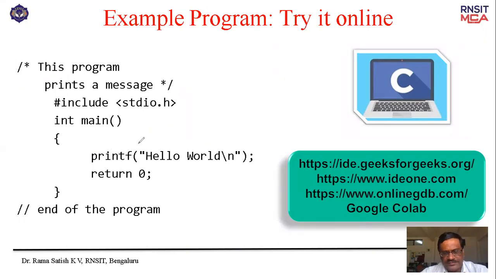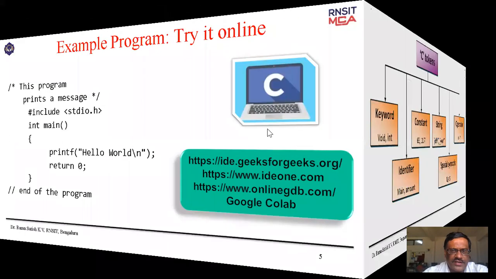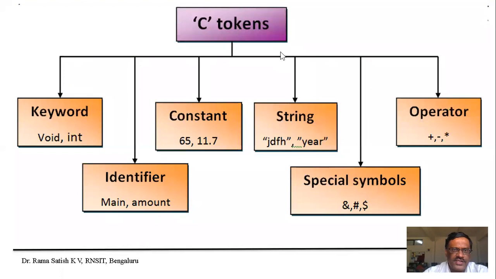So there are two types of identifiers. The first one is constant and the second one is variable. Constant is a value that never changes during the program execution. Constant is an identifier that never changes. Whereas variable is an identifier that changes its value.